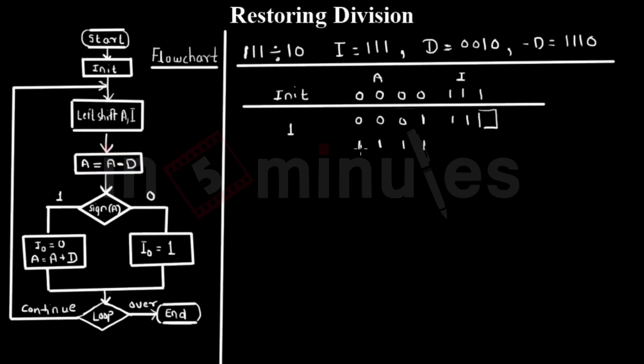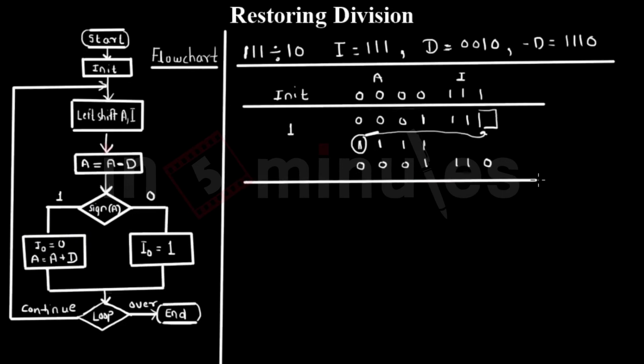Now here the sign of A is 1, so this will help us decide this bit. Since the sign of A is 1, we have to restore the original result again. So we restore it to 0001 and we have also determined the value of I0 as 0. So this is the result of the first iteration.